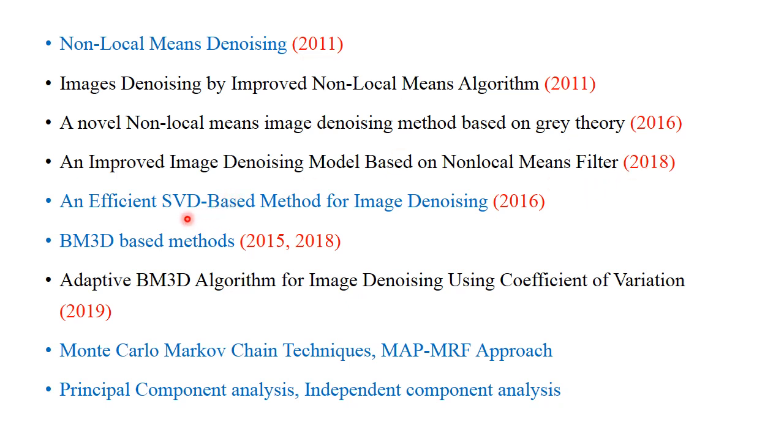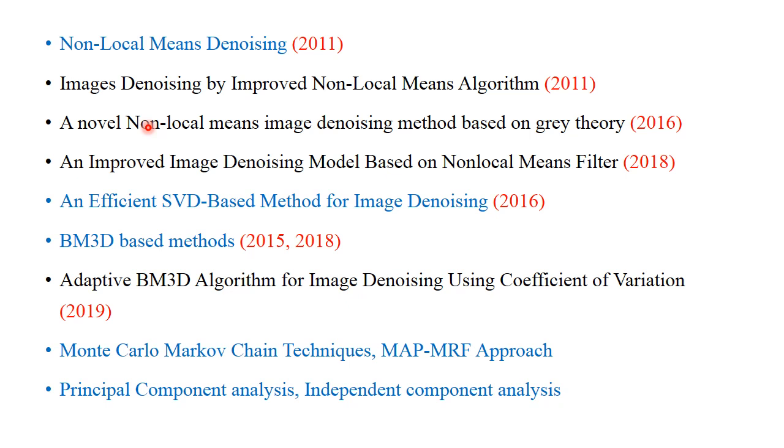Then methods like singular value decomposition based methods for image denoising were introduced, and some discussions were taken further, and one paper of 2016 is mentioned here. Then BM3D, another method. Then in 2015 its improvisation was still happening, and in 2018, and one more BM3D method in 2019. So here we have to observe that the major changes happened in the years 2000 to 2010.